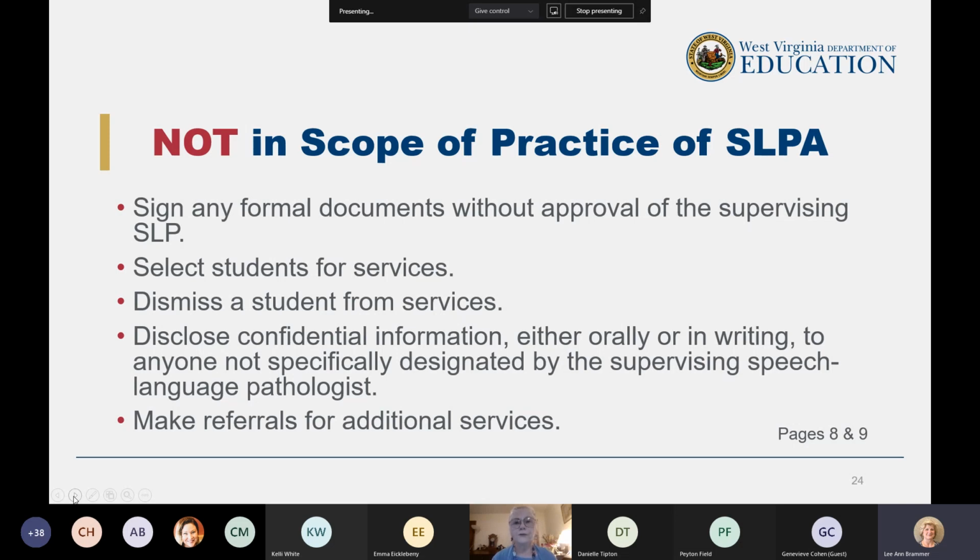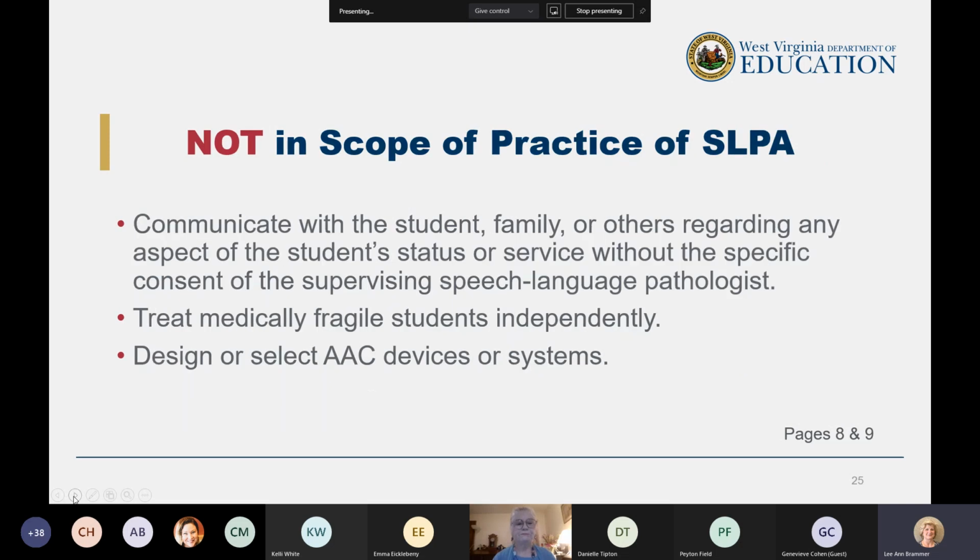And you don't make referrals for additional services. You, being the one who's at the school all the time, may be the one that the teachers and the families approach, and they want more information, or they want to talk to you about their child or their student, and you want to make sure that you run all this past your supervisor.